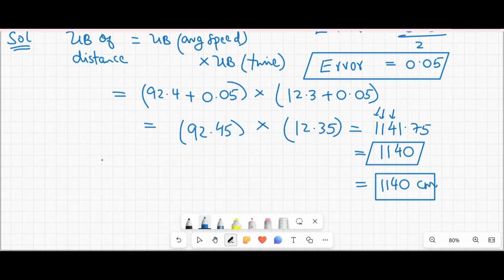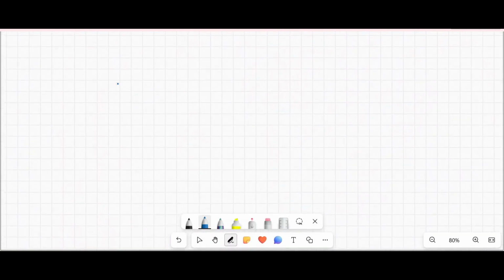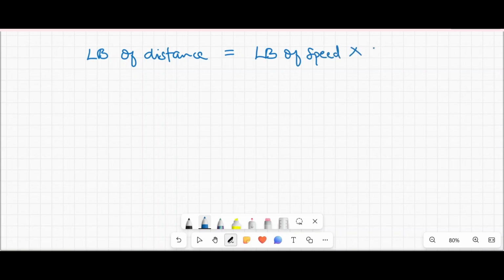So now we have to find the lower bound of distance. Same question. For finding the lower bound of a distance, you have to find the lower bound of speed times the lower bound of time. So the lower bound of a speed will become, we have to minus 0.05 from 92.40.